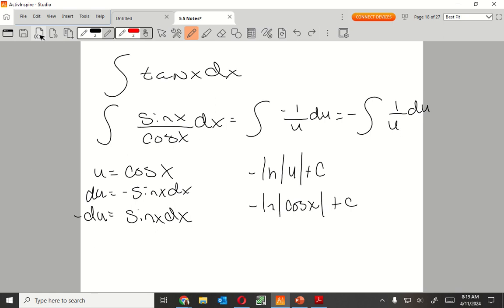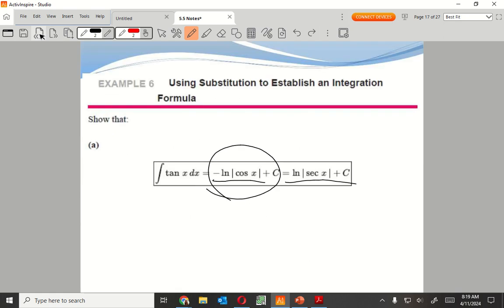So 1 over, this is now a positive value. And because of the ln rules, it's going to be ln of 1 over secant, because that's still cosine, isn't it? So yes, 1 over secant is still cosine.